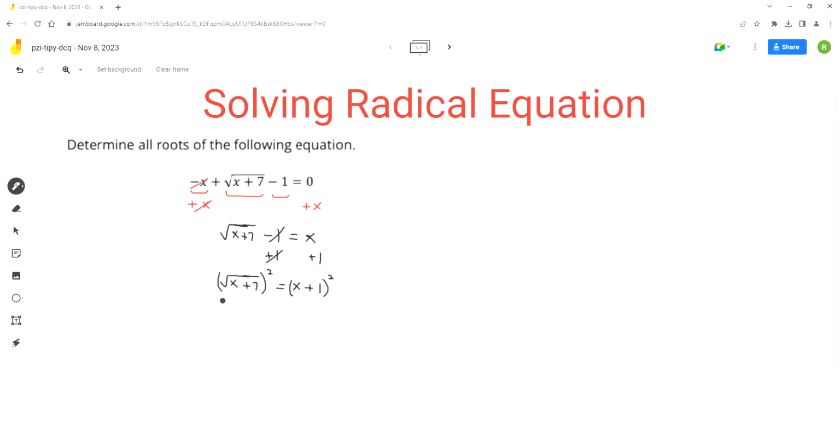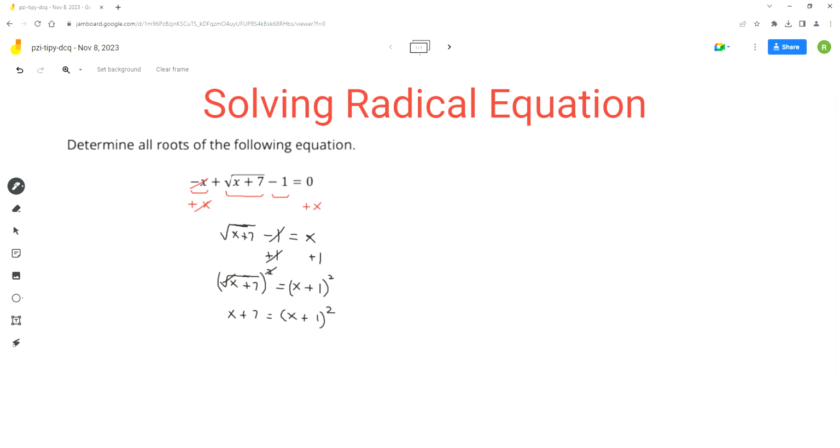So on the left side, the square and the square root cancel each other out. So we are left with x plus 7 equals x plus 1 square.